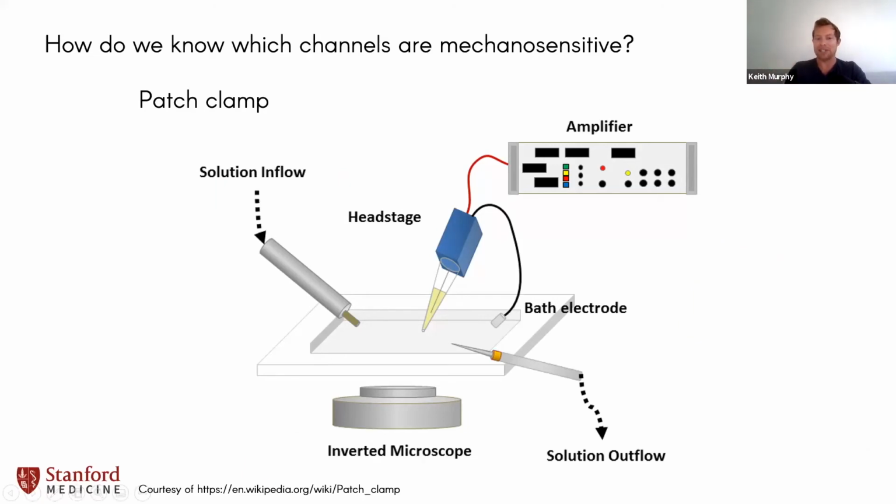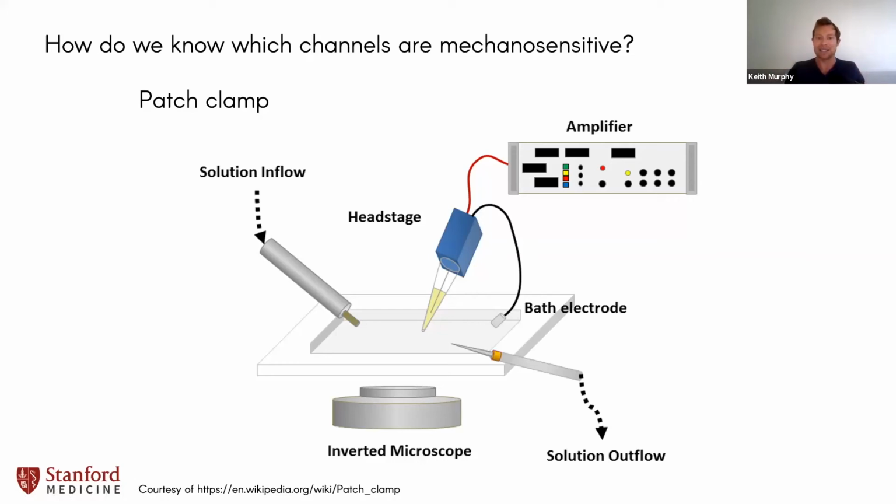And with this attachment, you can measure the difference in voltage between the inside of your cell, which you're connected to, and the bath solution outside using this bath electrode. So you're basically just measuring the difference in voltage between the outside and inside of your cell. And once it's connected to this system, you can flow solution to create mechanical perturbation, or you can use little actuator systems that push on the cell.